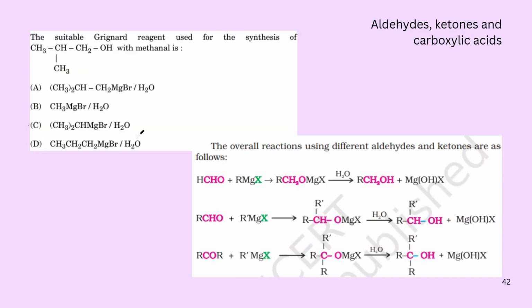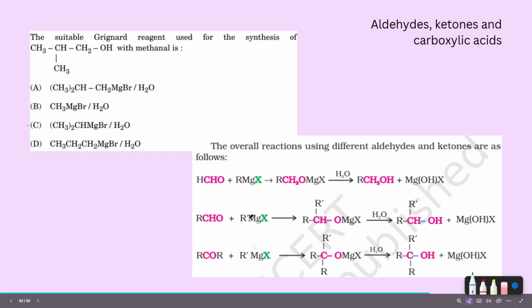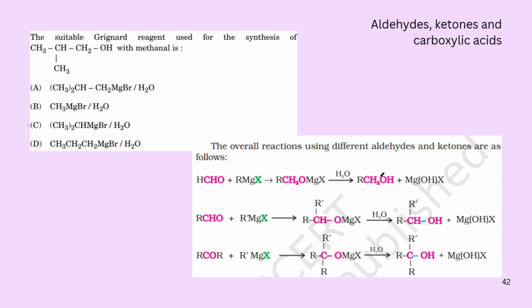The next question. The suitable Grignard reagent used for the synthesis of this with methanol is... So you have HCHO, and this alcohol is a primary alcohol, right? So between all of these, this particular one is what leads to the formation of a primary alcohol.